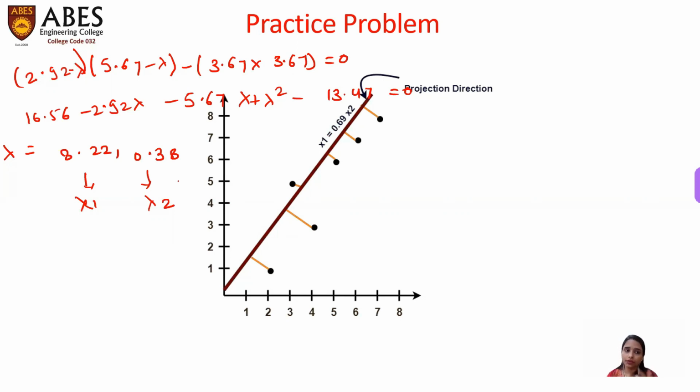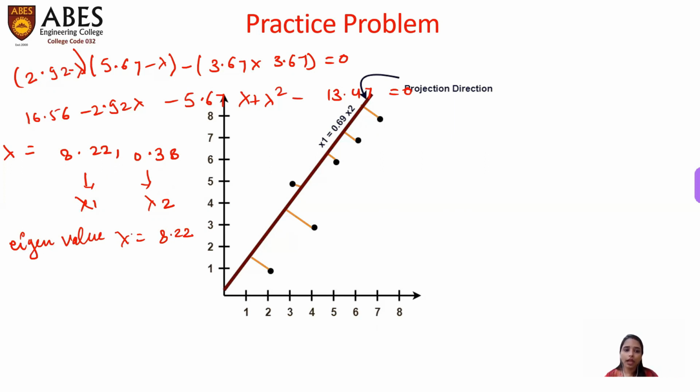Here we are choosing our eigenvalue, which will work as the principal component, that is 8.22. We are discarding lambda 2 because it is very small as compared to lambda 1.